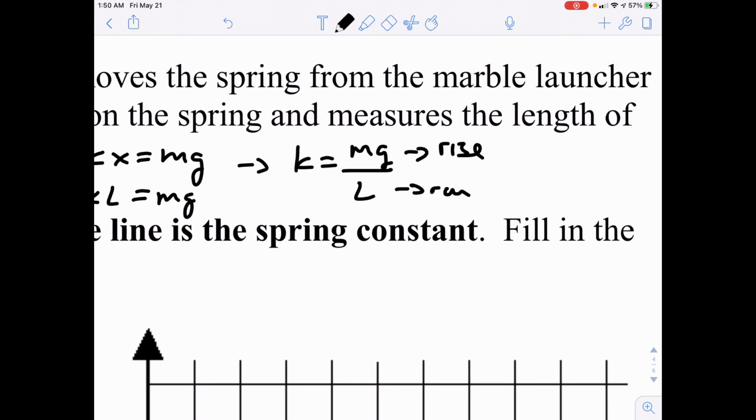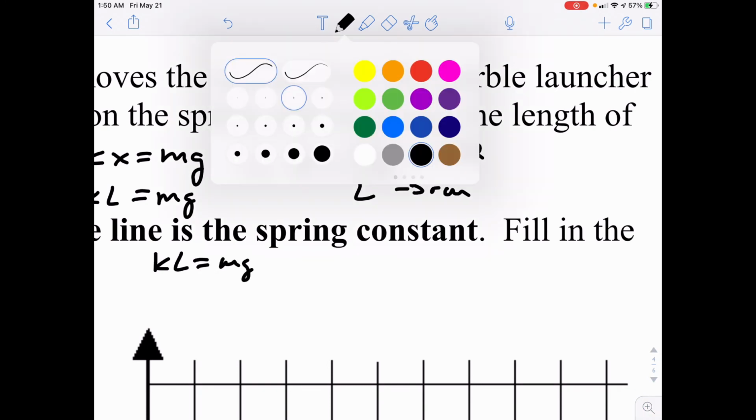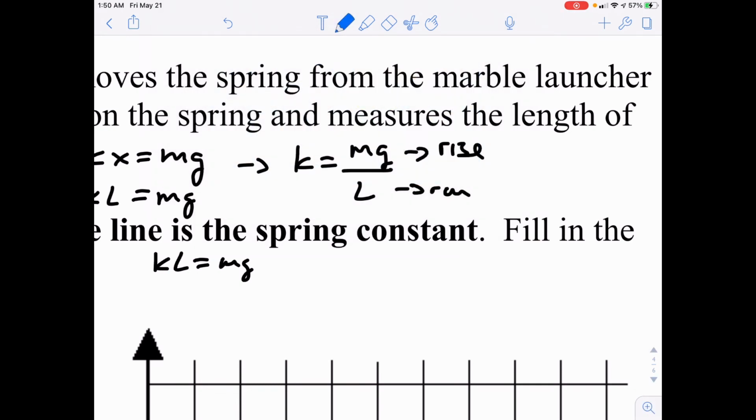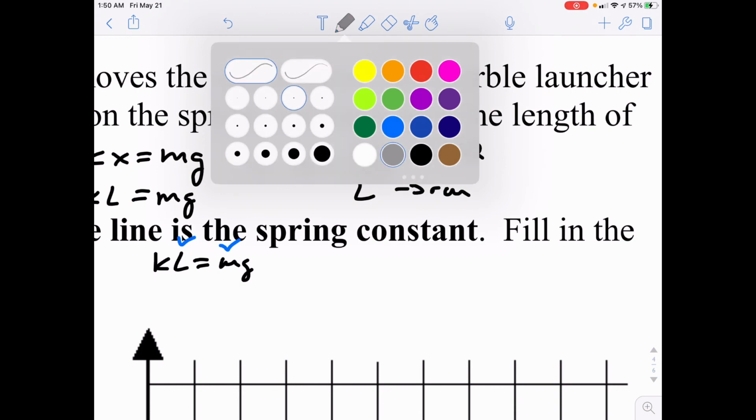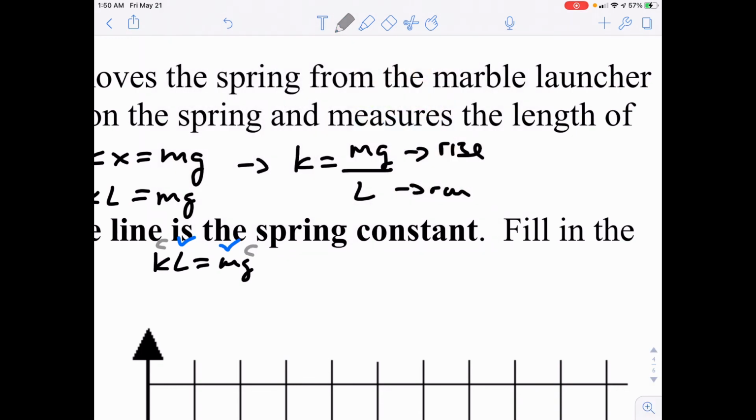Another possible thing we could have done: k times L equals mg, and you again figure out that my length is a variable, mass is a variable, g is a constant, k is a constant.